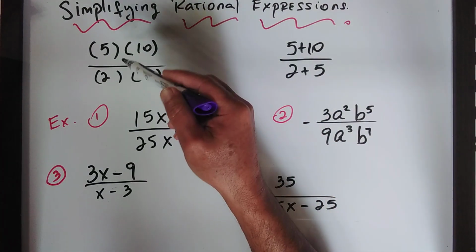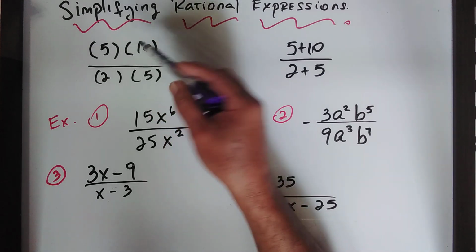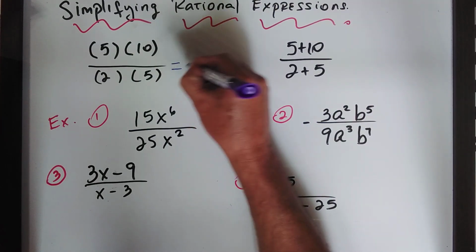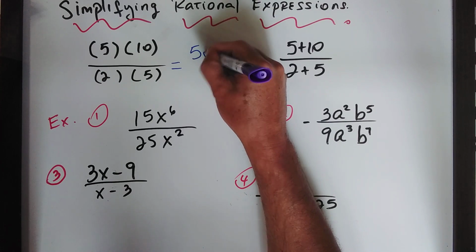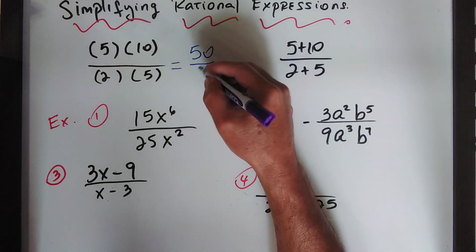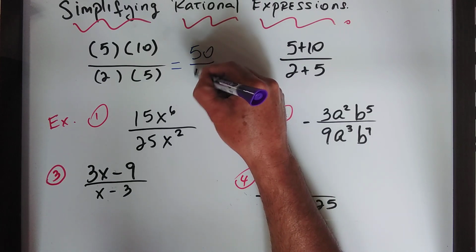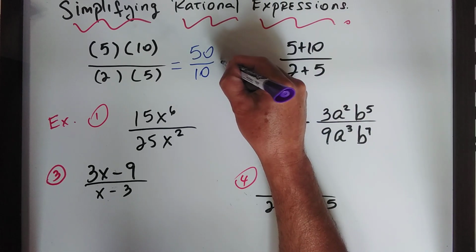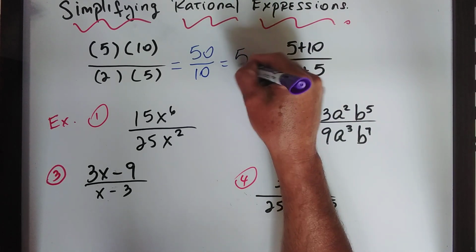First of all, when you multiply, you can multiply the numerators and then the two numbers in the denominator, and then we divide and we get 5, right?